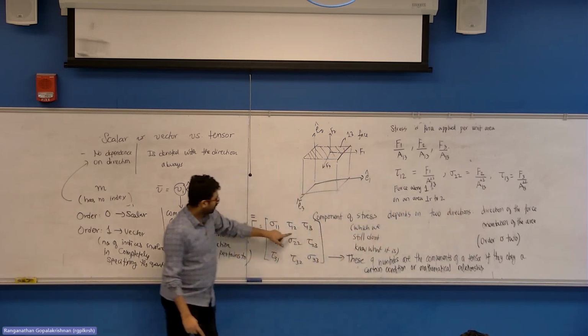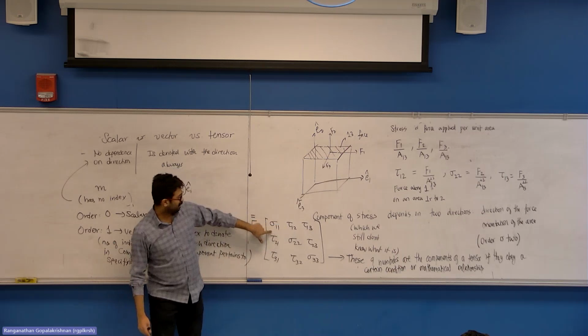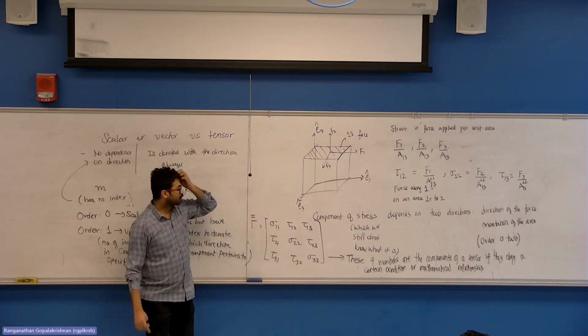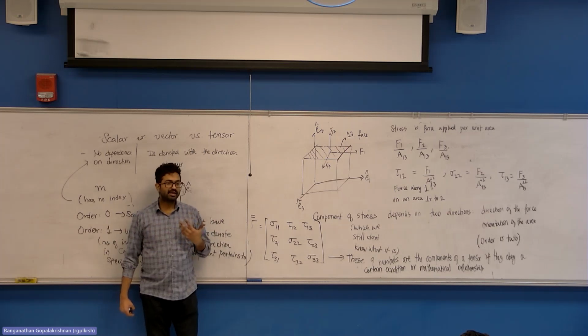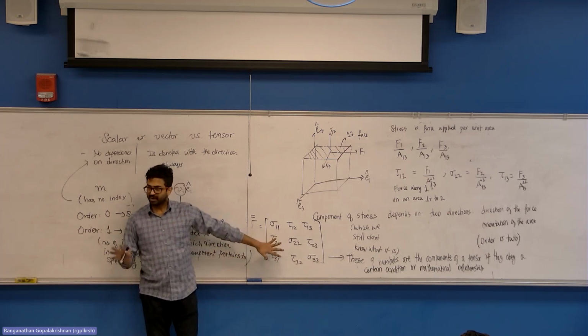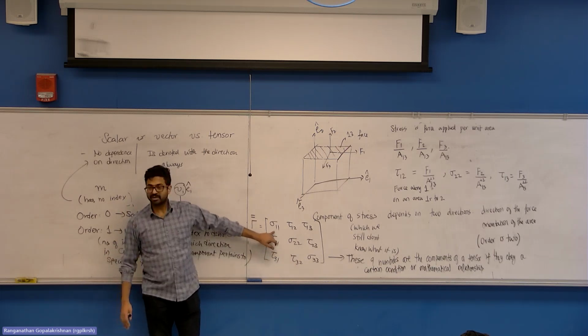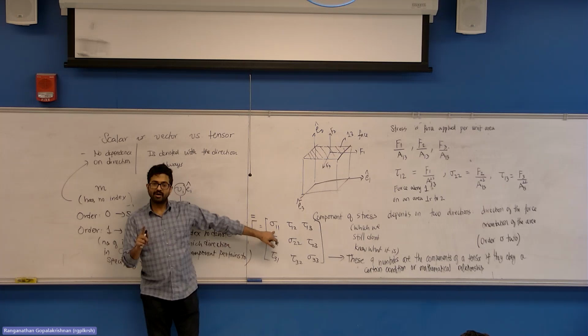This tau depends on two directions. The sigma depends on two directions and so on. So it's silly to think that your choice of coordinate system should affect the stresses developed. Do we agree on that? So we need a way to calculate these stresses which is independent of the choice of coordinate system.